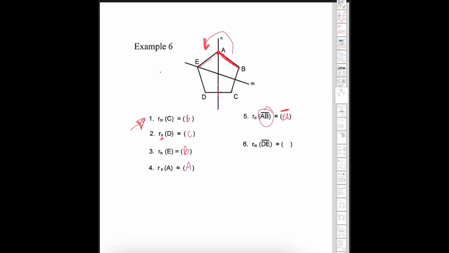Lastly, we're reflecting DE, this line segment here, across line M. So if you folded your paper up this way, that would end up on EA as well.